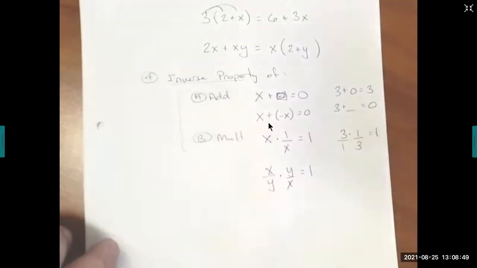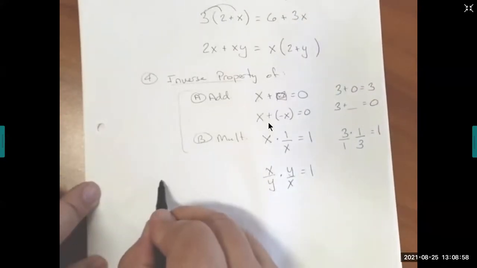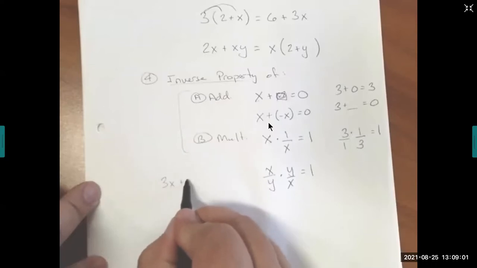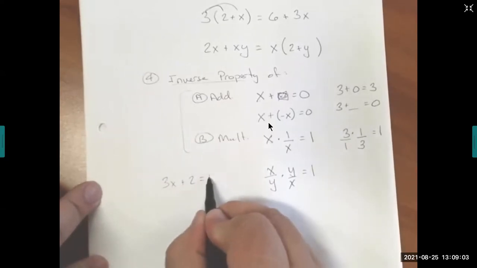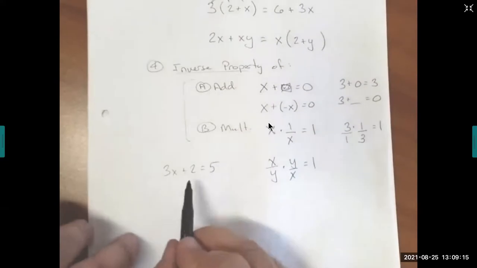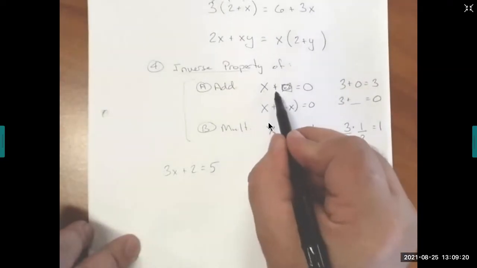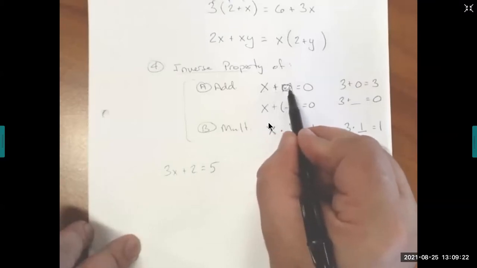Now, both of these we use whenever we solve for x. Look at this one. 3x plus 2 equals 5. Let's solve for x. What do you have to get rid of first? The 2. We get the x by itself to get rid of the 2. Since it's an addition equation, we have to do the opposite.